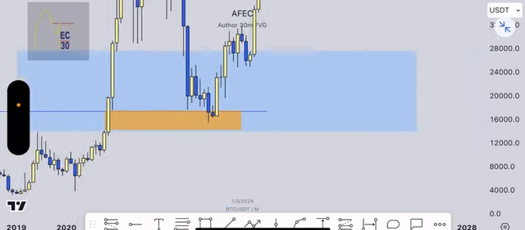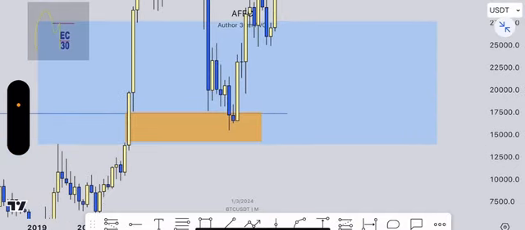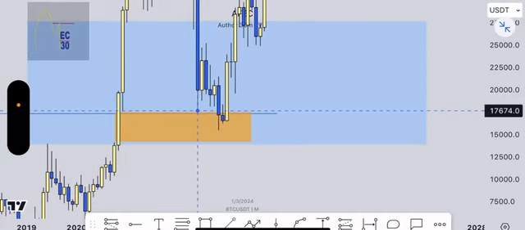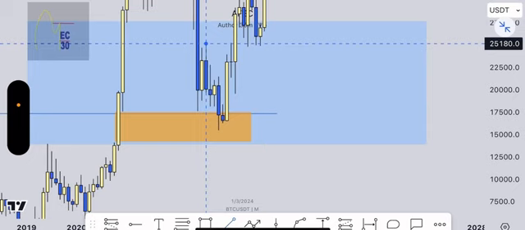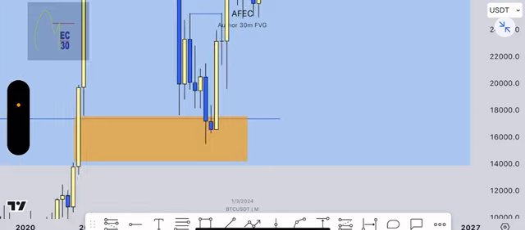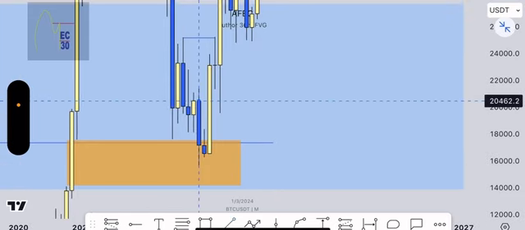We expect it also to support price. So price taps on it, it takes liquidity before it taps on it, and then it takes another high here, since we are thinking of higher prices. So we can call this high external liquidity. Then we expect price to come into an internal liquidity, we have this order block and then this fair value gap.